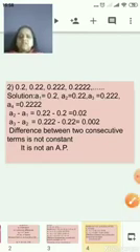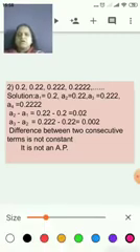Again, in the same way, we will write the terms: A1 is 0.2, A2 is 0.22, A3 is 0.222 and A4 is 0.2222.